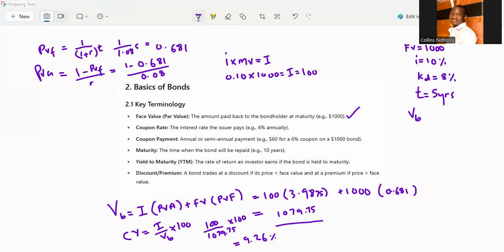So if it was a semi-annual bond, what do we do? Semi means what? 2. So we divide the interest rates by 2 and we multiply the time by 2. So we'll calculate that again assuming it's a semi-annual bond.